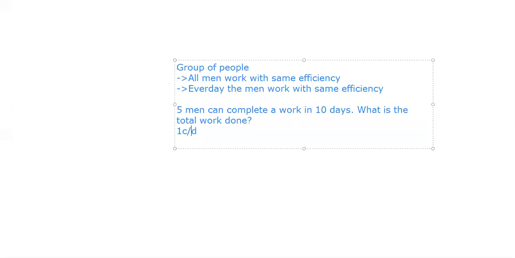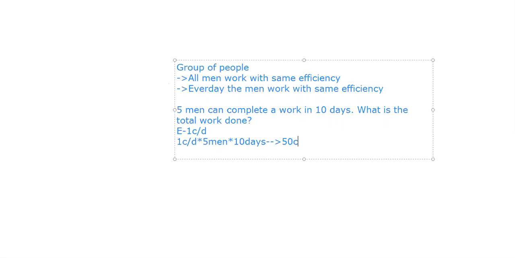This is the efficiency of all the men. I just assume it because one is an easy number. So 1 chocolate per day is the efficiency of the men, and every man works with same efficiency, which means man one can eat 1 chocolate a day. Man two also can eat only 1 chocolate a day, and all the other 3 men will also eat only 1 chocolate a day, so that their efficiencies are the same. Clear?